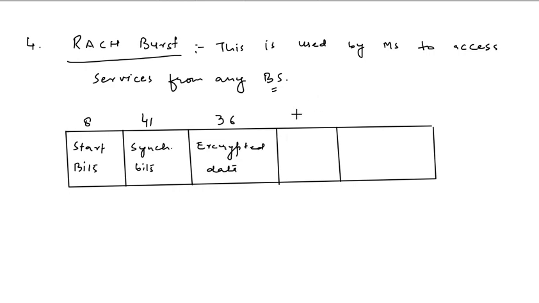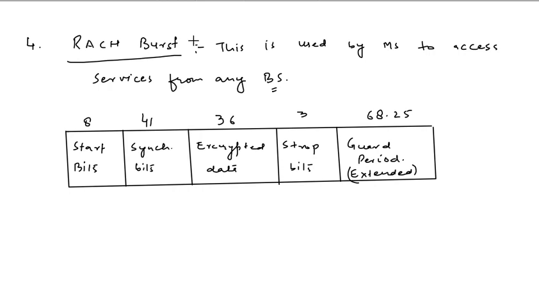Then you have 3 bits, and these are your stop bits. And finally you have 68.25 bits, which are reserved as your guard period. So here your guard period is extended from 8.25 bits to 68.25 bits.